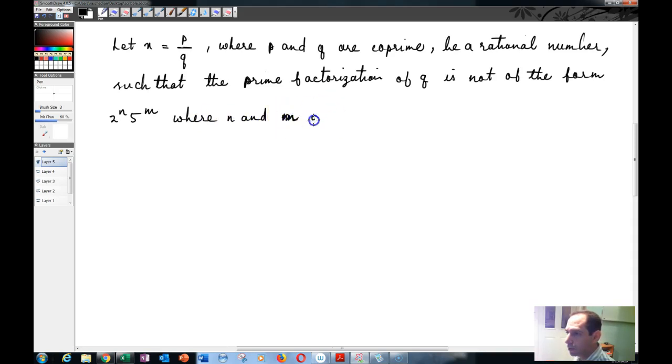where n and m are non-negative integers.